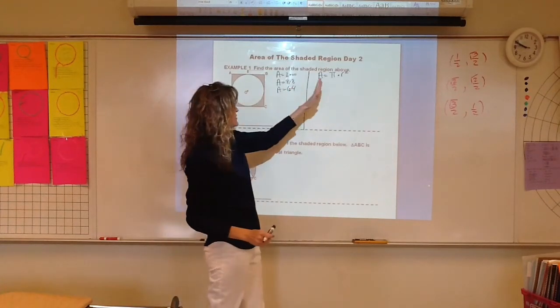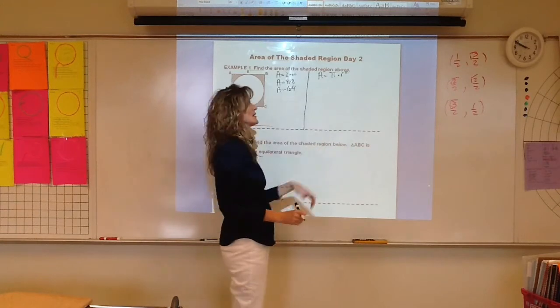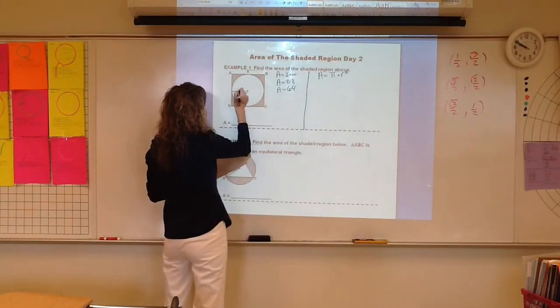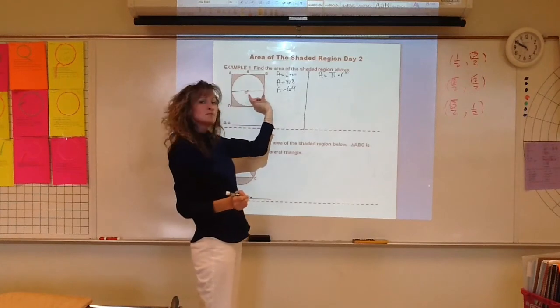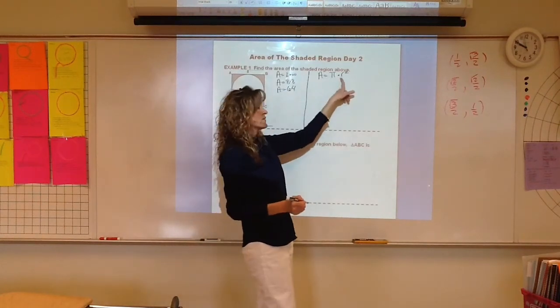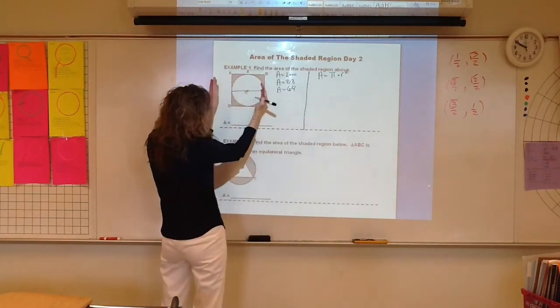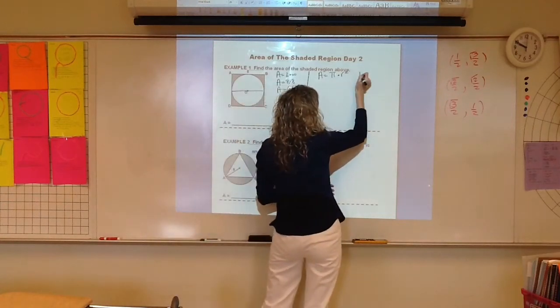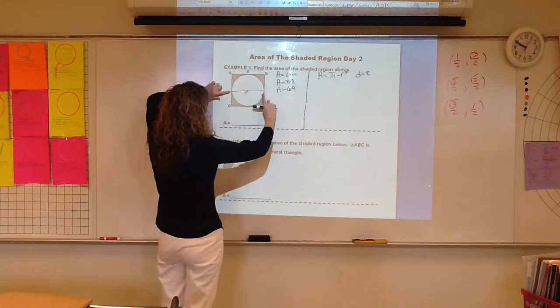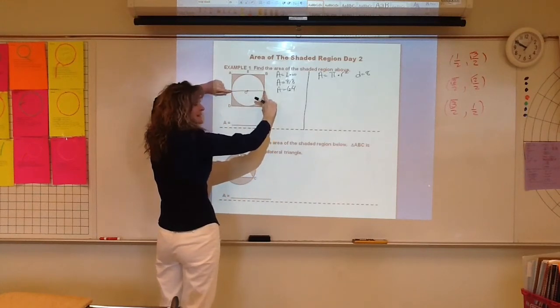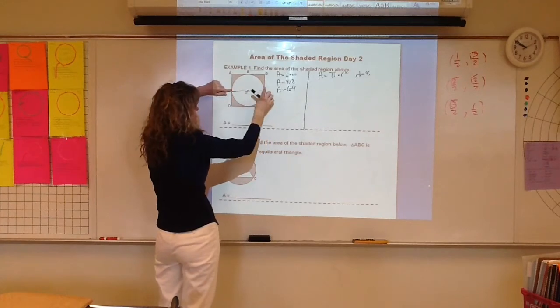Now I'm going to see if I have the information that I need for the circle. What I need to know about the circle is the radius, right? Because that's the part of the formula that we need. Well, I know the diameter is 8. And how do I know the diameter is 8? Because the circle's length is exactly the same as the square, because it's inside the square.